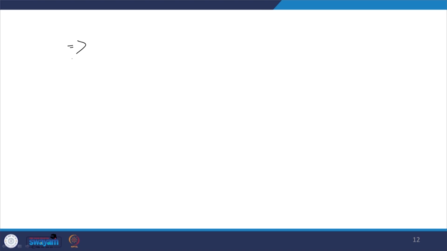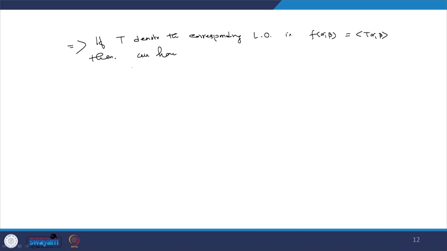So, this implies if T denotes the corresponding linear operator, that is f of alpha beta equal to inner product of T alpha beta, then we have f of alpha beta, which is equal to inner product of T alpha beta, and this is also equal to f of beta alpha bar. f of beta alpha bar equals inner product of T beta alpha bar, which is equal to inner product of alpha and T beta.